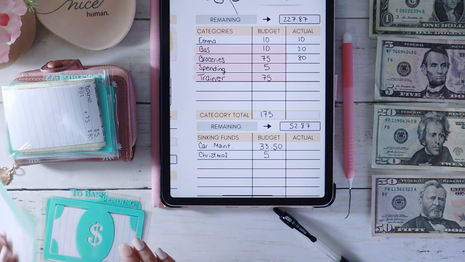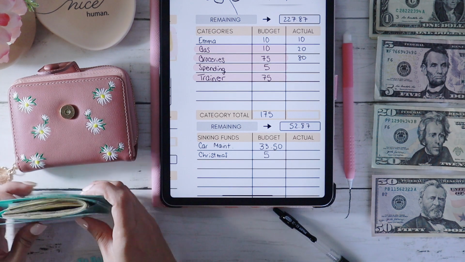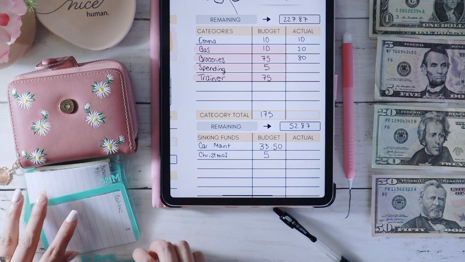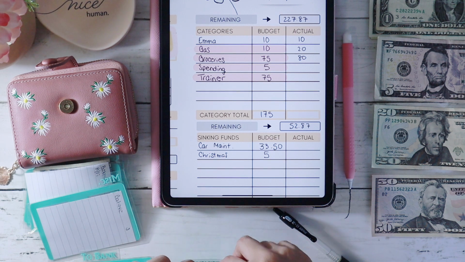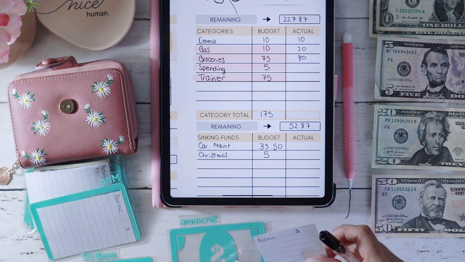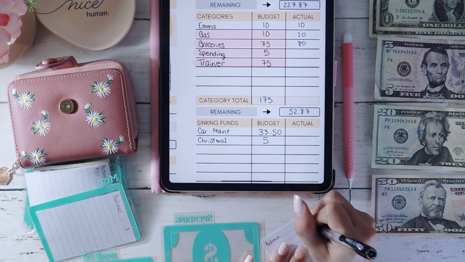Spending, miscellaneous is getting nothing. Goodness. Miscellaneous is getting nothing. Spending is getting $5, and there's nothing in there right now. So $5 is what's going in here.